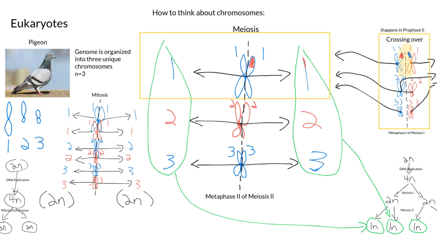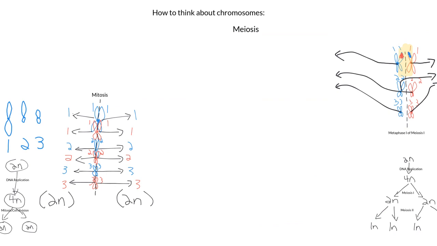I hope this 20-minute lesson has given you a better understanding of chromosomes and the DNA inside them, the different ways they can organize, and in particular, the differences between how chromosomes look and their migration during mitosis versus meiosis.